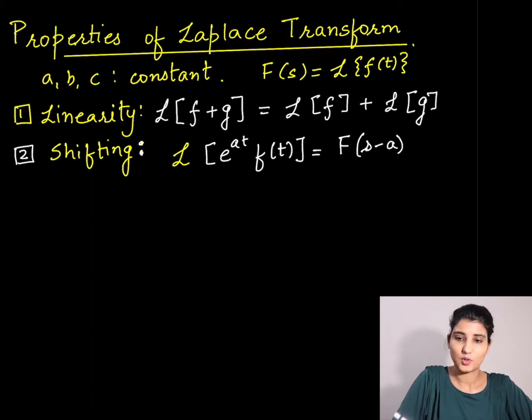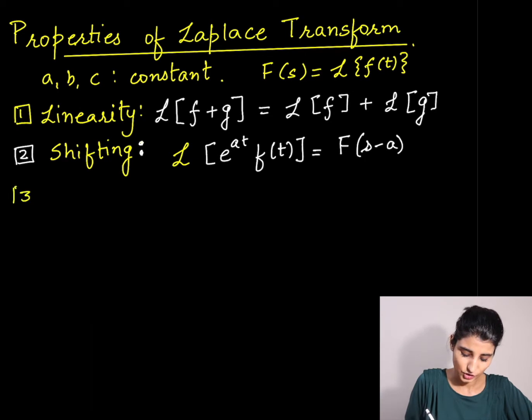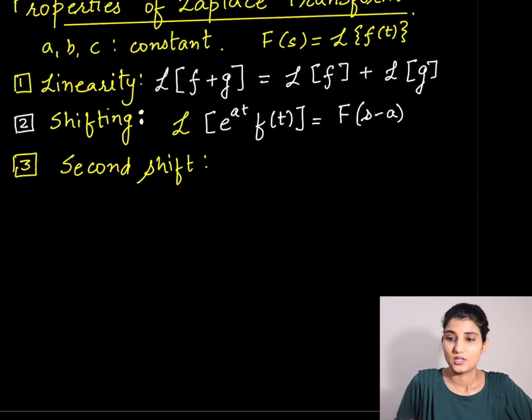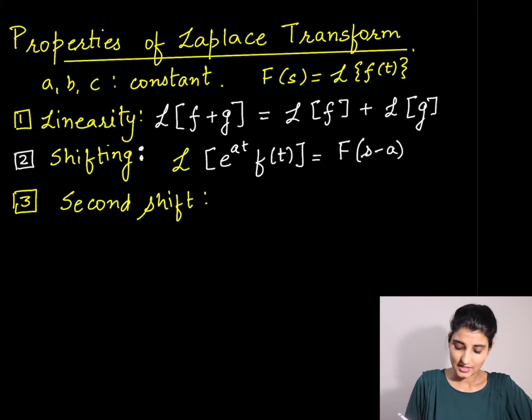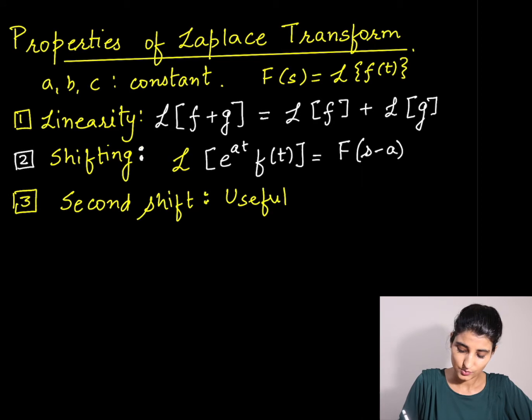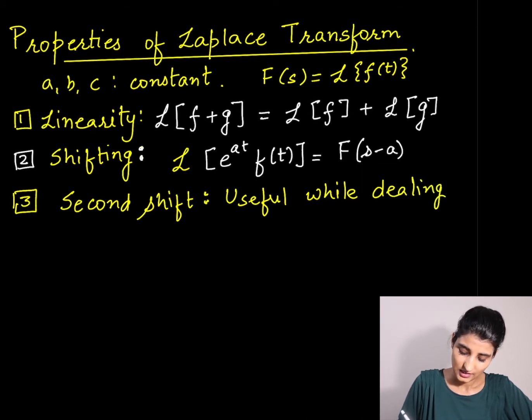And the third important property is the second shift. This property is very useful while dealing with piecewise defined functions.